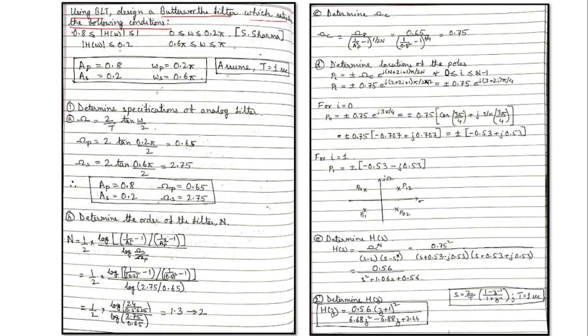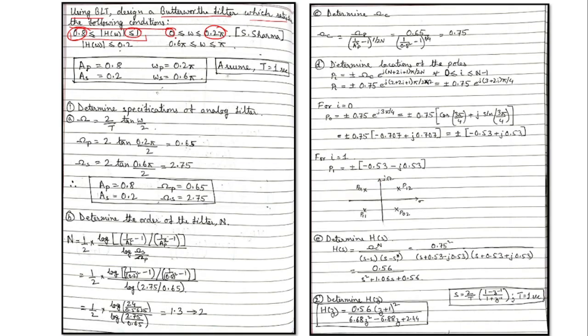What is the condition? We have 0.8 to 1. Modulus of H(omega) varies from 0.8 to 1 in the frequency range of 0 to 0.2 pi. Okay, so what does that mean?